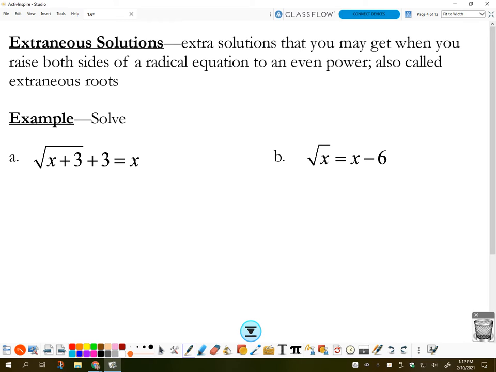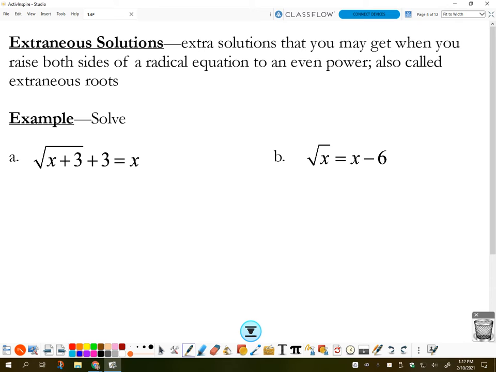So all I need you to understand is that when you're solving something with square roots or fourth roots or sixth roots, any even root, you need to make sure that you at least mentally check your answer and make sure that it's not going to make you take the square root of a negative somewhere. Because if it does, then you have to throw that away. It's an extraneous solution, like an extra solution.